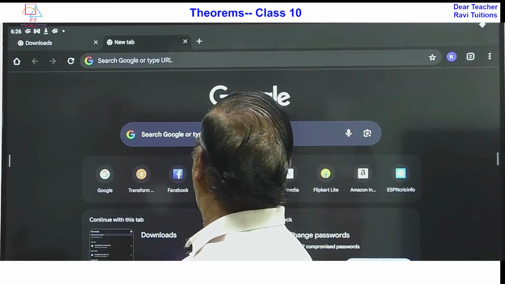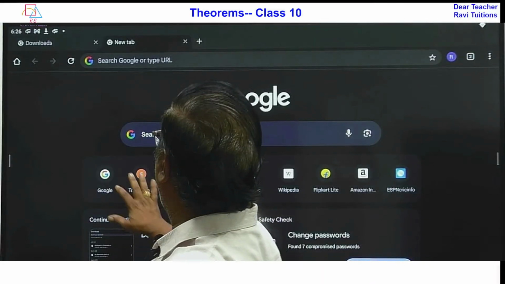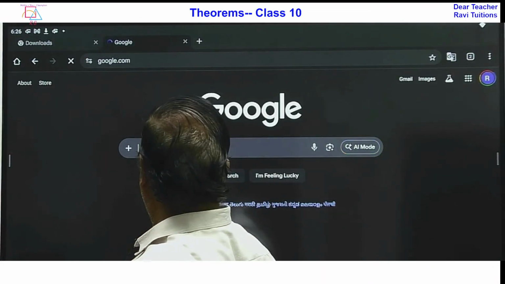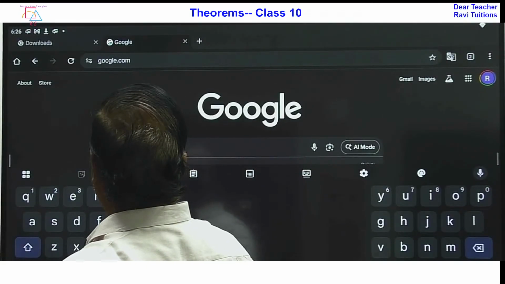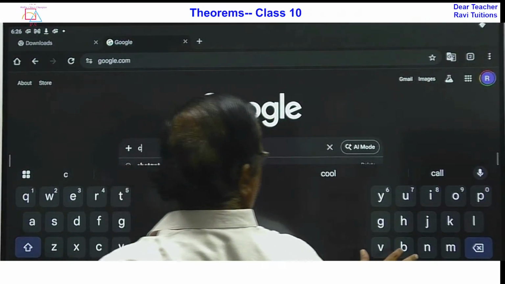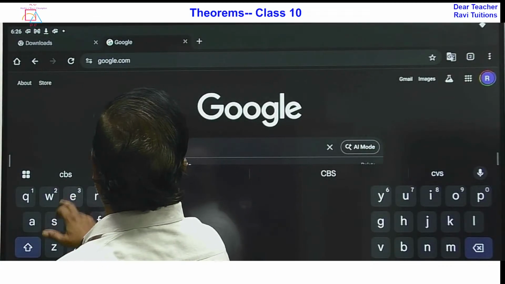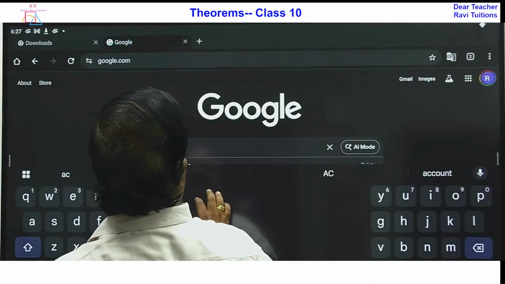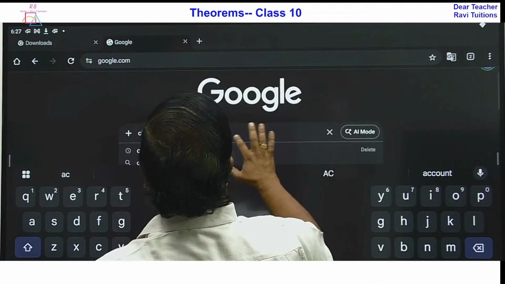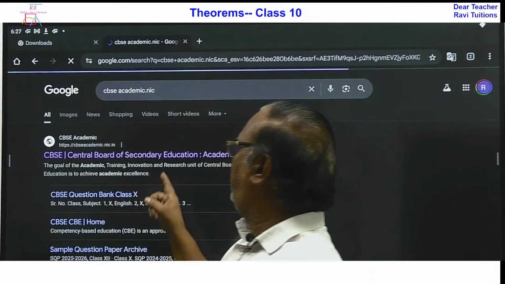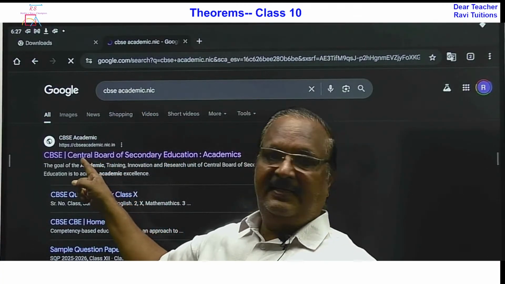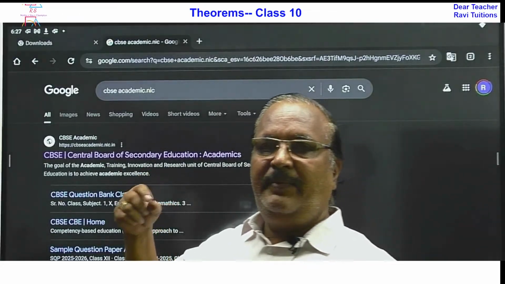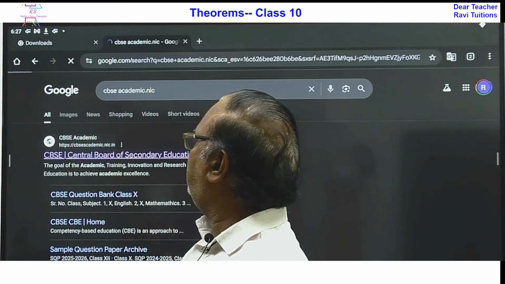Now take Google, and write CBSE academics. Then you will get a result like this, CBSE academic part. Now click on this.